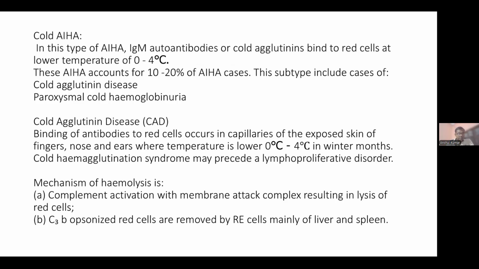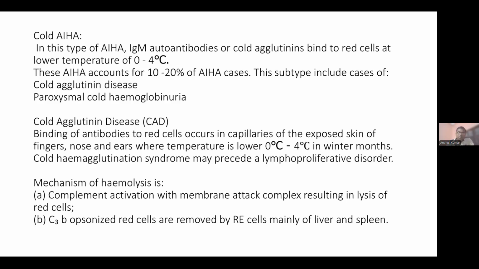Cold agglutinin disease and paroxysmal cold hemoglobinuria are the two types, and these constitute 20% of AIHA. This is because it occurs at lower temperature, and most of the body parts have a higher temperature, 37 degrees. So clinical conditions of cold AIHA exist less commonly.